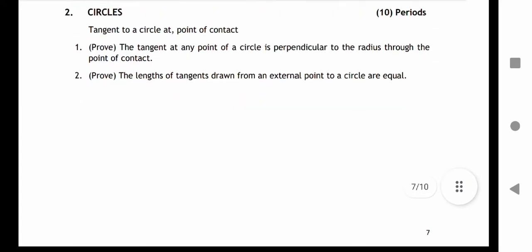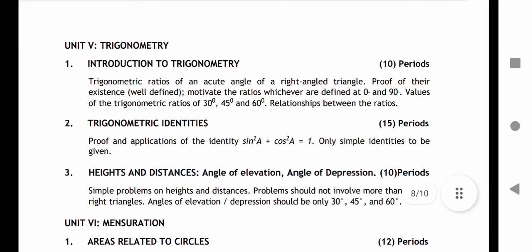And after that we have trigonometry. In 9th class trigonometry wasn't here, so in this class the new unit added is trigonometry, unit 5. In trigonometry there are 3 chapters.